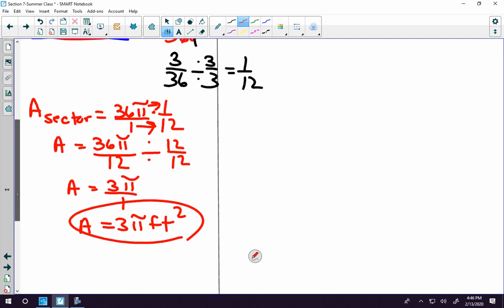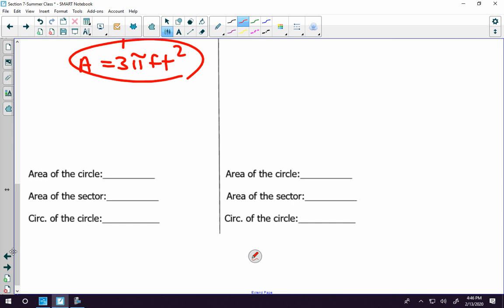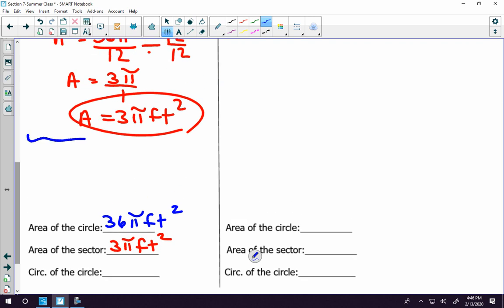I think down at the bottom we have blanks to fill everything out. We just found the area of the sector, which is 3 pi square feet. We had first found the area of the circle, 36 pi square feet. Last but not least, which we did earlier on the previous page, how to find the circumference of the circle, or aka how long the circle is.